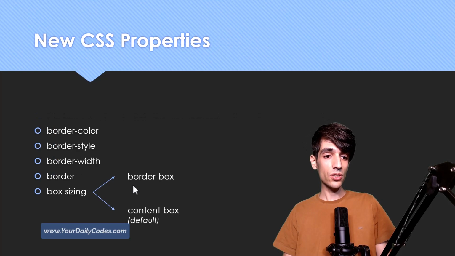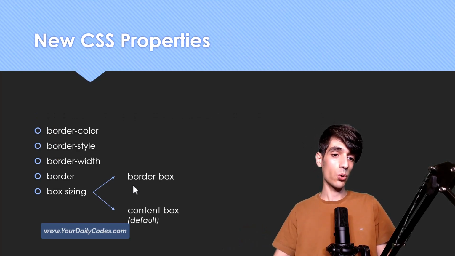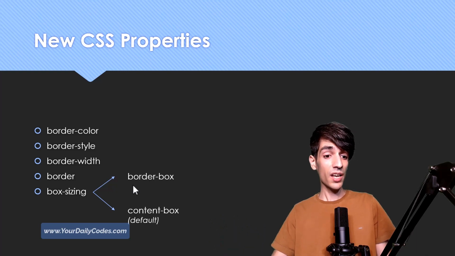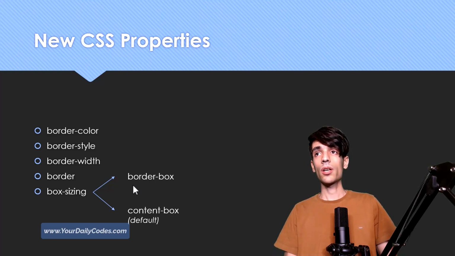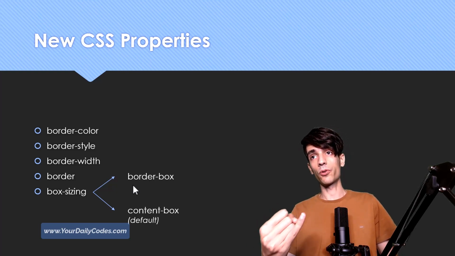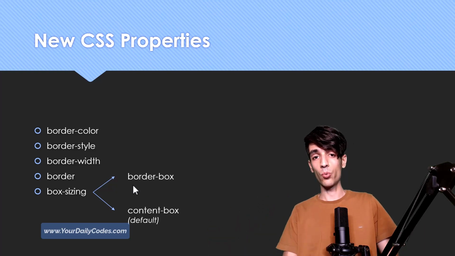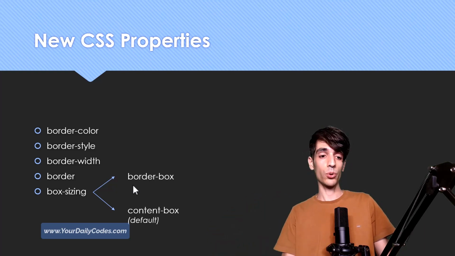And these are the new CSS properties that we learned about the border and everything that we have. And remember, when we use border alone, the first argument is, for example, 3 pixels for border width, then solid for border style, and a color for border color.